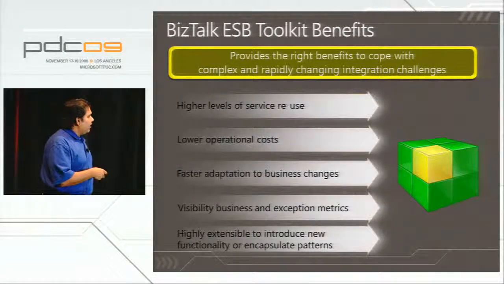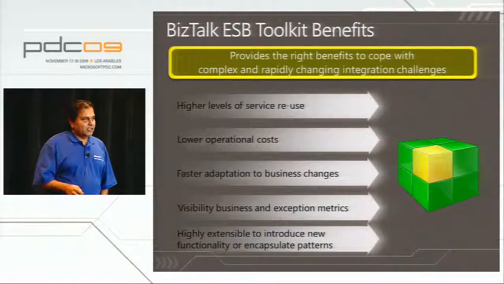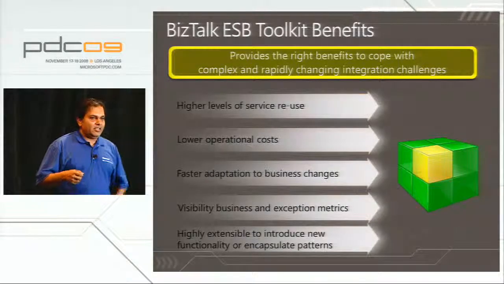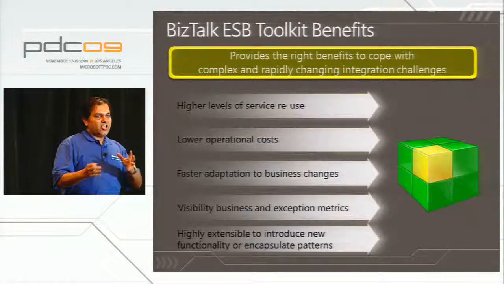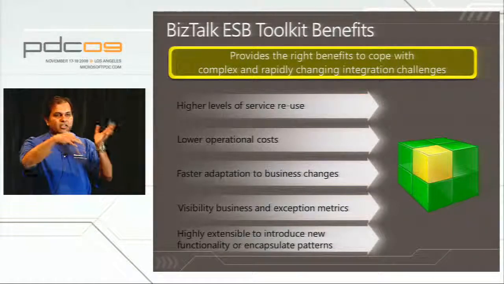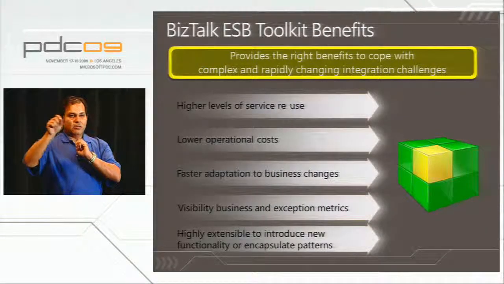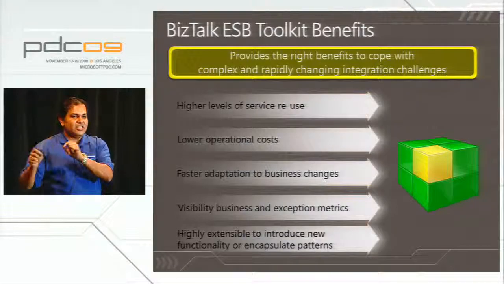And obviously, the third key point is the cost of change. With the ESB Toolkit, our design goal was, if things change, you should be able to adopt those changes by just going in and changing the configurations.